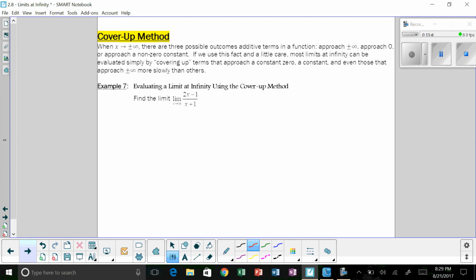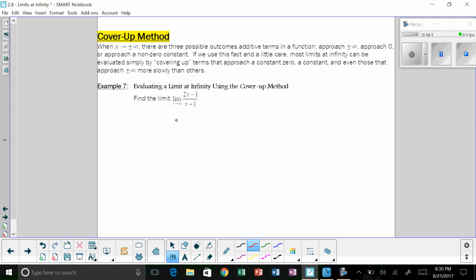For instance, if x is going to infinity, the numerator of this fraction, 2x minus 1, well, the minus 1 doesn't actually matter very much when x gets very, very large. A very, very large number multiplied by 2 is going to be so much bigger than minus 1 that the minus 1 doesn't matter. Same thing's true in the denominator. The x grows faster and faster and faster as x goes to infinity, but the 1 will always be 1.